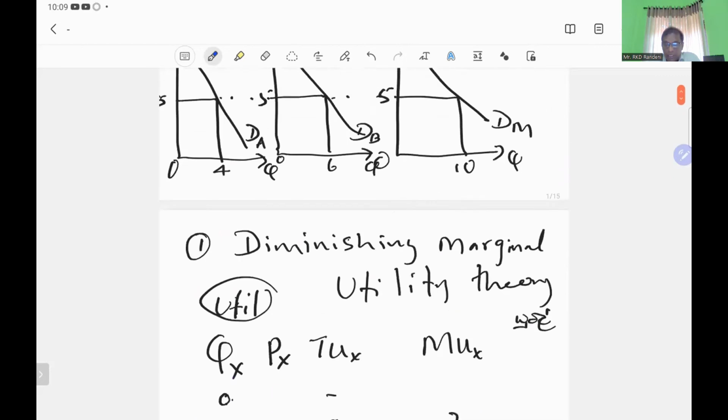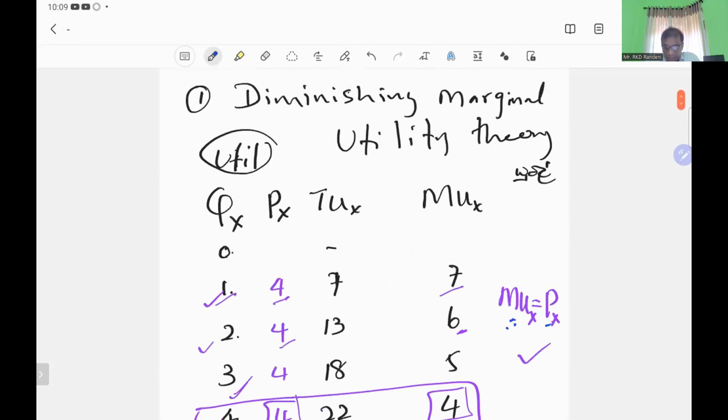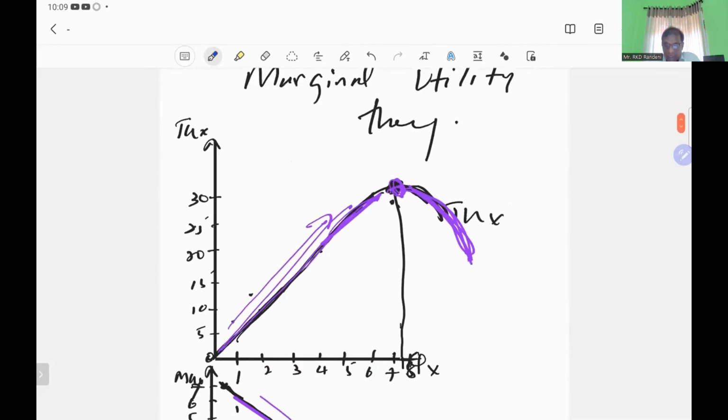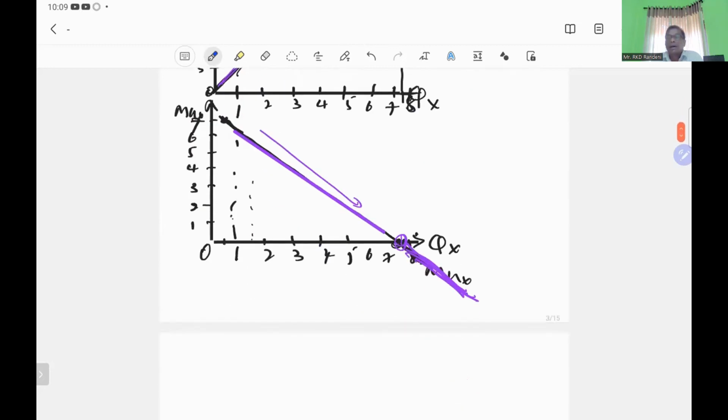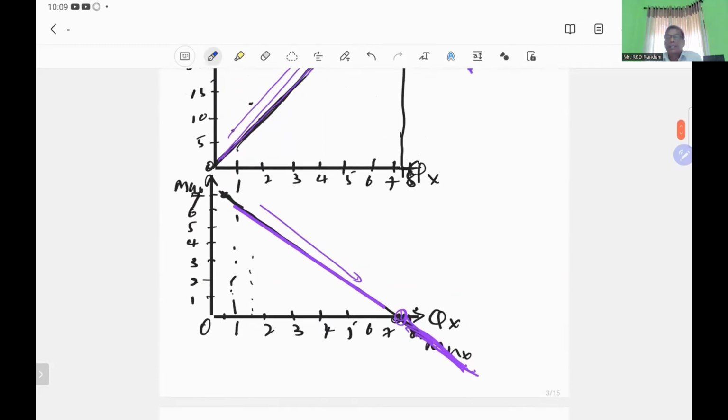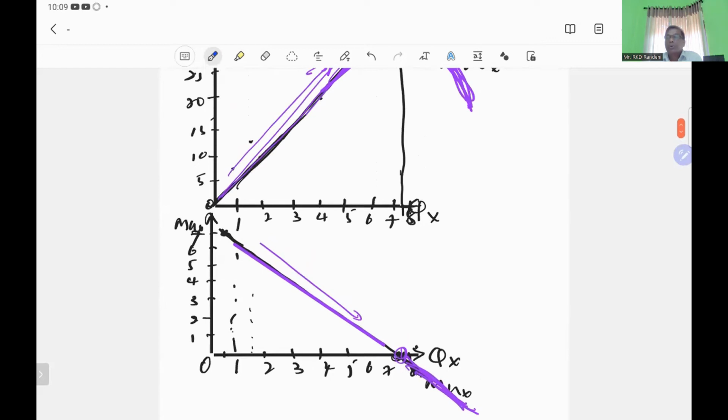Now, according to the graph, graphically, also we can derive the demand curve. According to the diminishing marginal utility theory, you can derive the demand curve also.